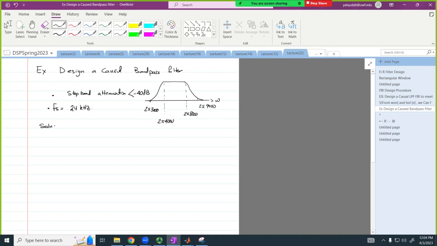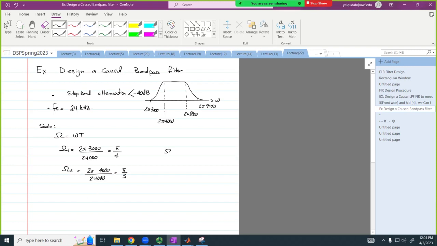So the solution: we're going to convert all the frequencies to discrete frequencies. So we have omega 1, 2 pi multiplied by 3000 divided by 24,000, which is the sampling frequency. This is going to give me pi over 4. I have omega 2, that is 2 pi multiplied by 4,000 divided by 24,000, which is pi over 3.